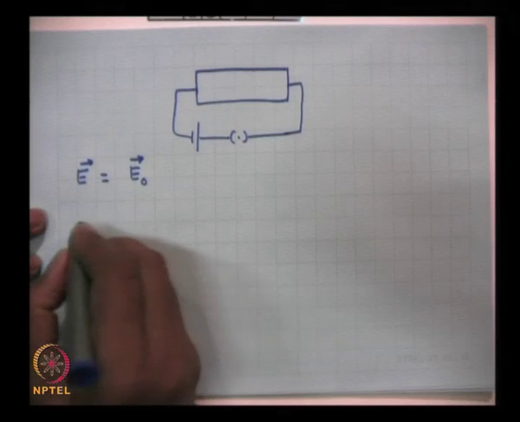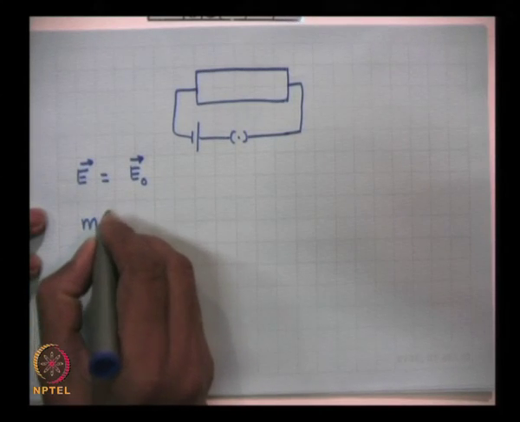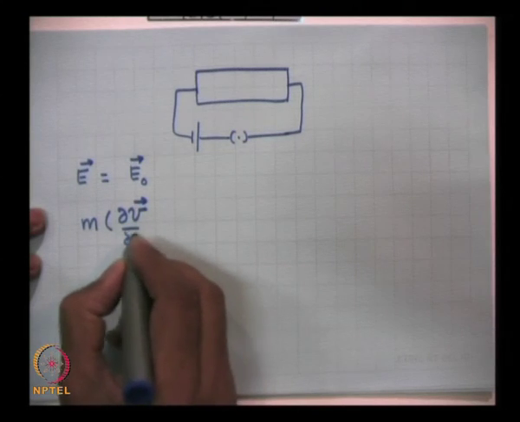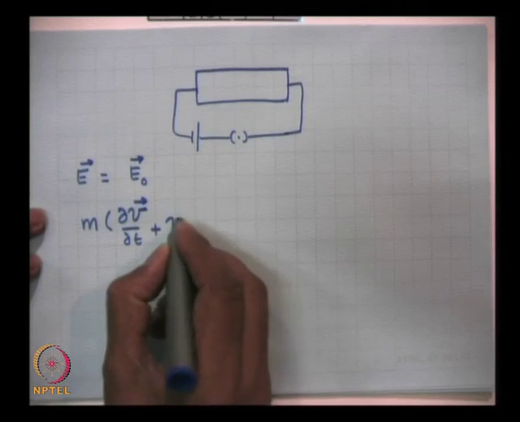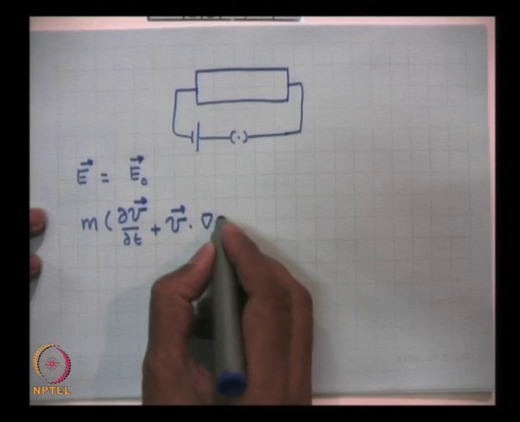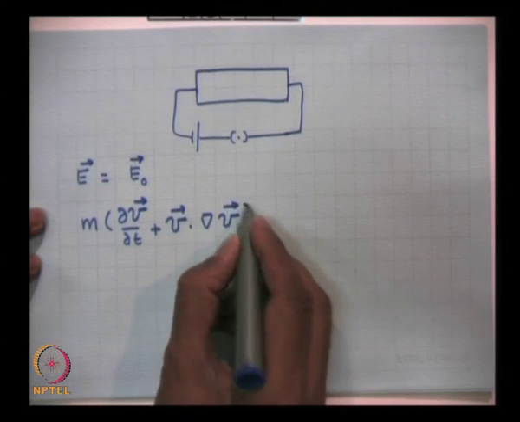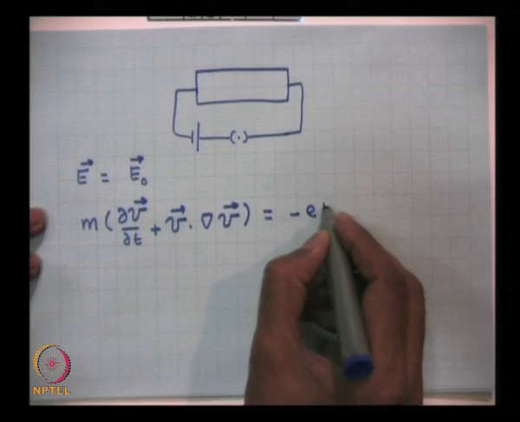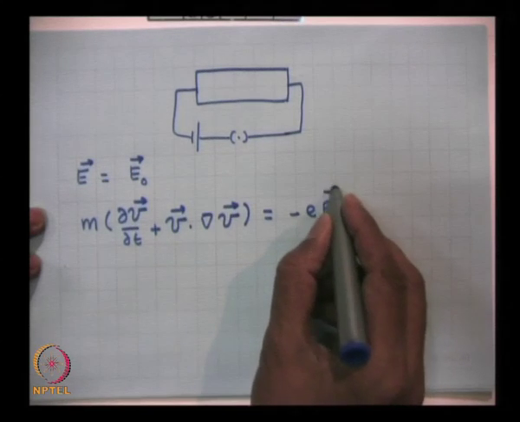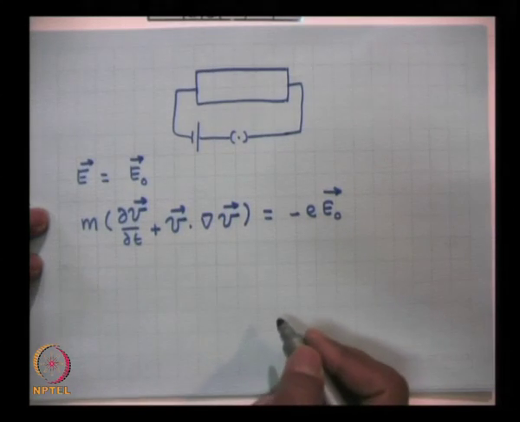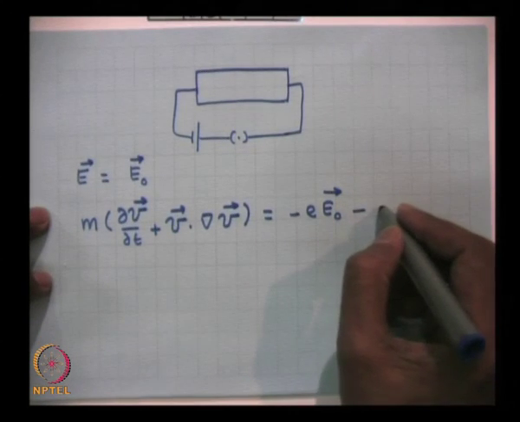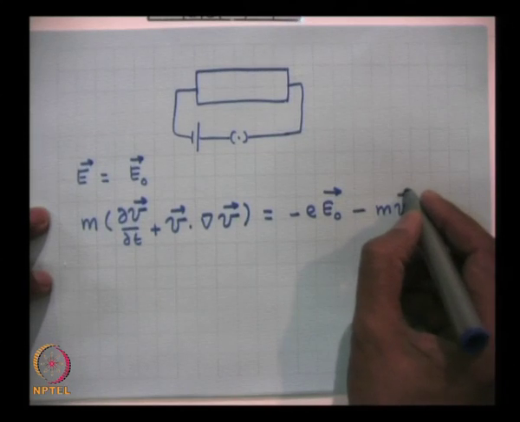So, the equation of motion would be m (∂v/∂t + v·∇v) is equal to the electrical force, which is minus eE0, and there is a collisional drag force which is minus m v nu.